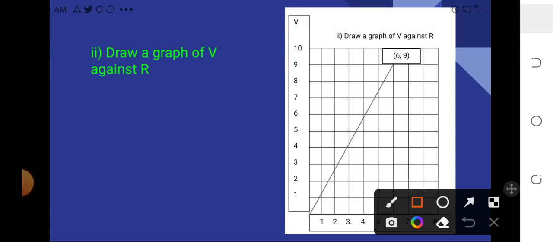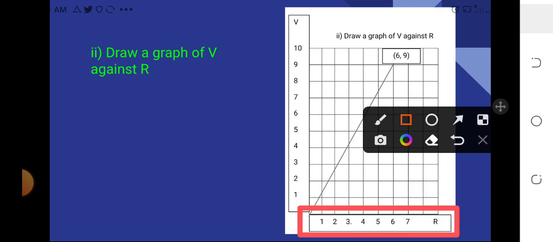R is equal to 6 is already given in the question, so we have written these values on the x-axis up to 7.